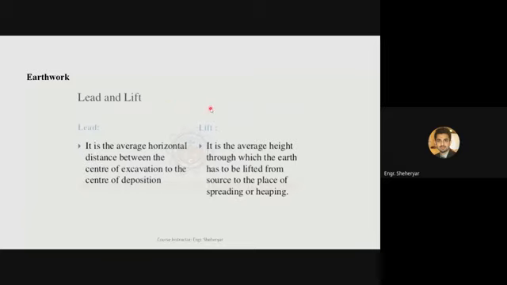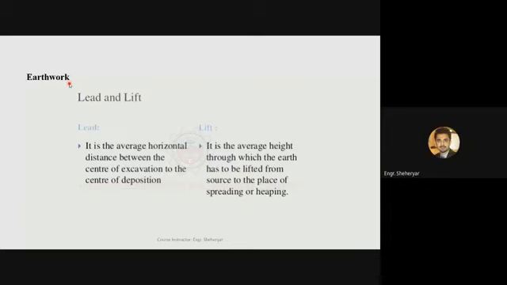And if we talk about the lift, let's say the ground level is at this point, and you are excavating at this location. Now you are excavating the soil and lifting the soil up and depositing it here at some height. So the average distance between these 2 points will be called lift. I'm talking about the average vertical distance. Lead for horizontal distance, lift for vertical.